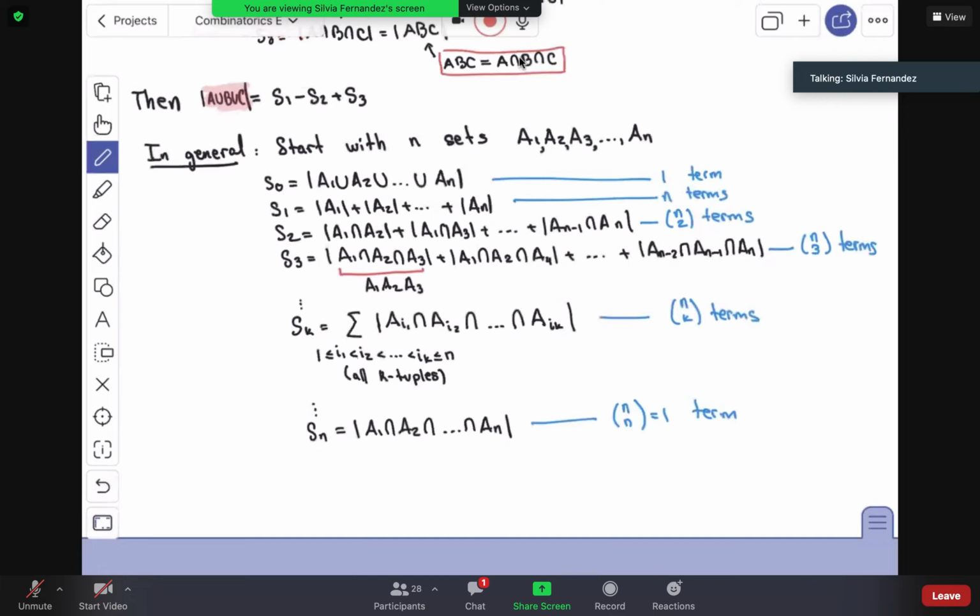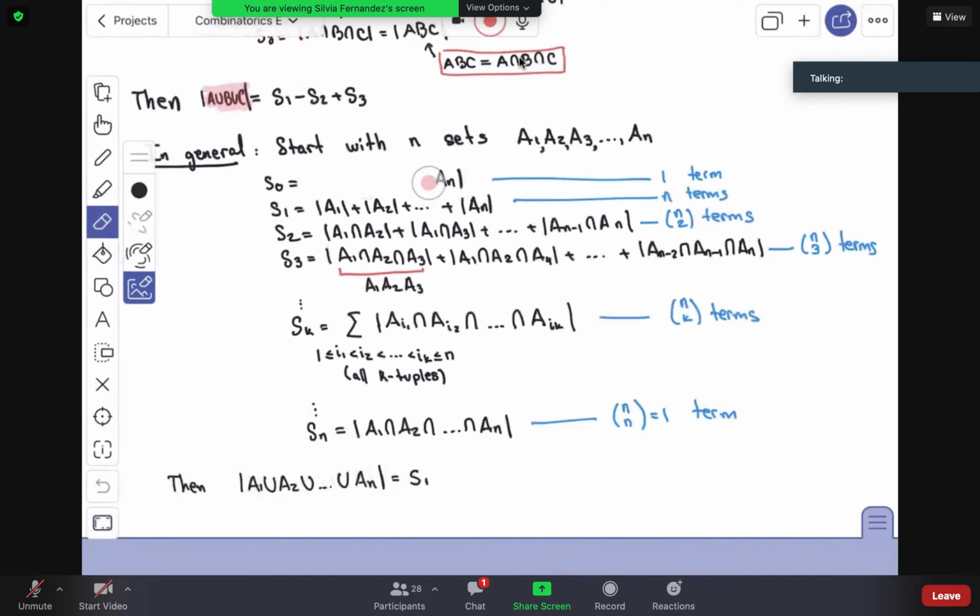So if you want to know how many elements there are in the union of all of them, then the same idea as before. One more thing that I have to change. I don't want this.